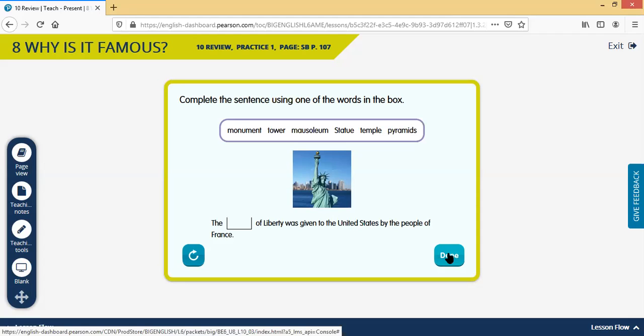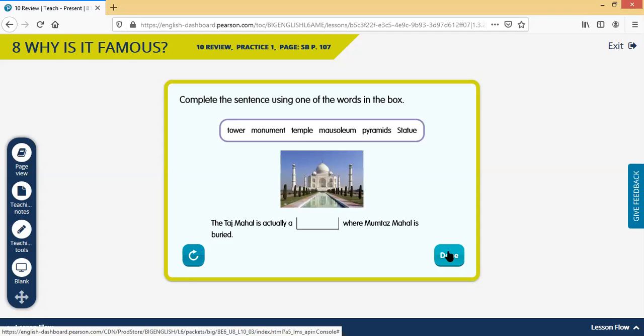Is that a mausoleum? Is that a tower? Is that a monument? Is that a statue? We're gonna say that it is a statue. The Statue of Liberty.